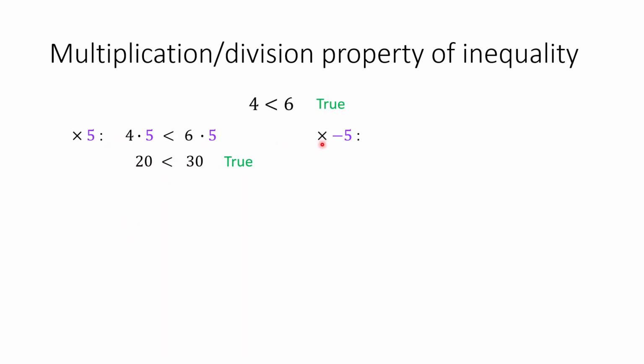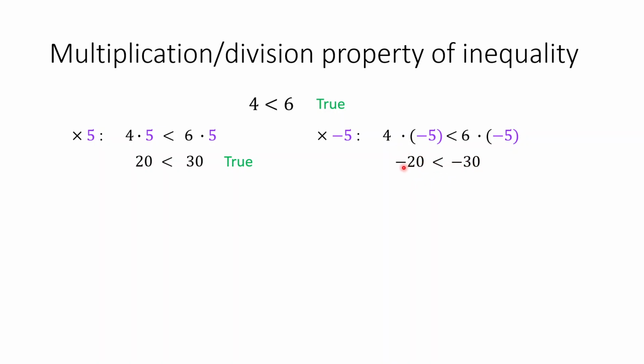Now I am going to multiply a negative number on both sides. So 4 times negative 5 less than 6 times negative 5. 4 times negative 5 is negative 20, less than 6 times negative 5 is negative 30. Negative 20 less than negative 30.